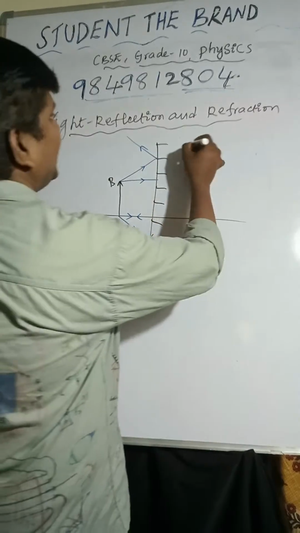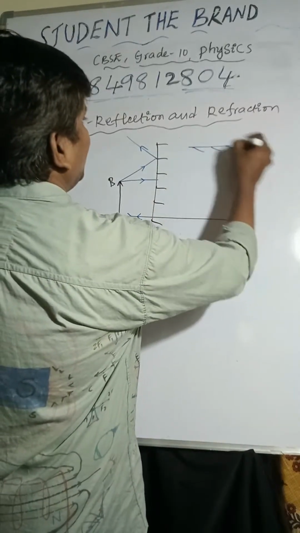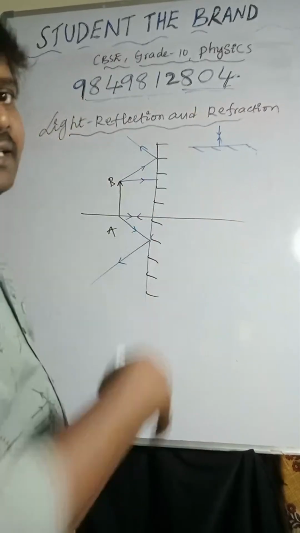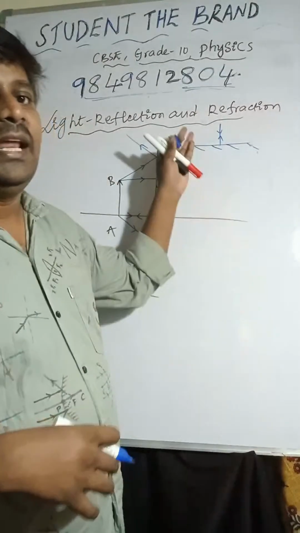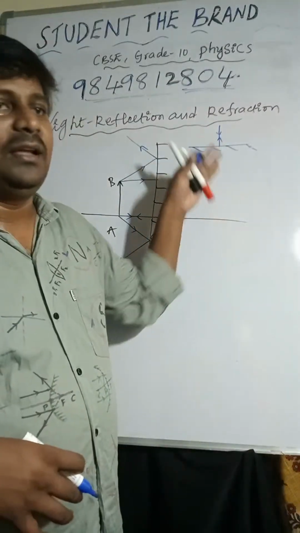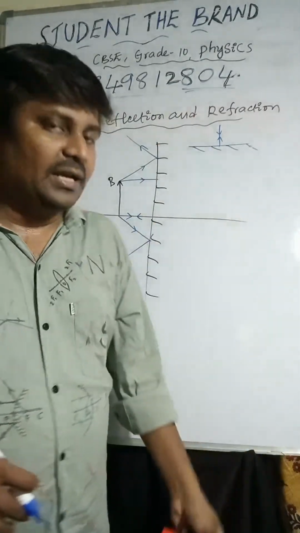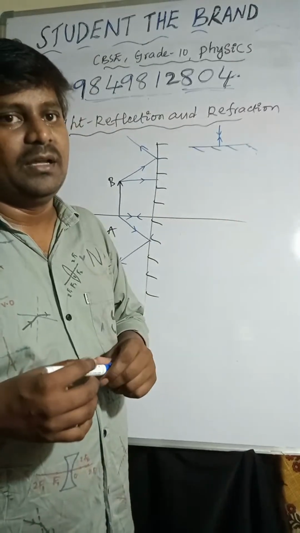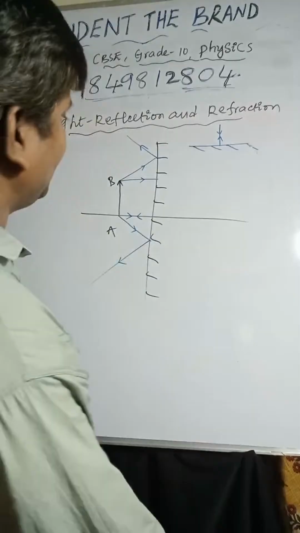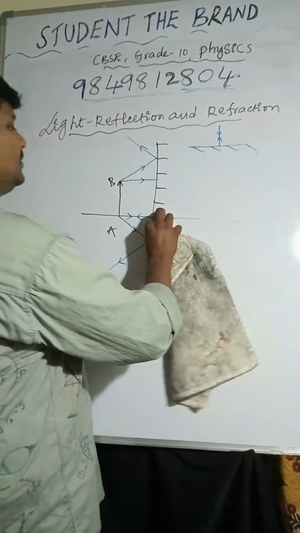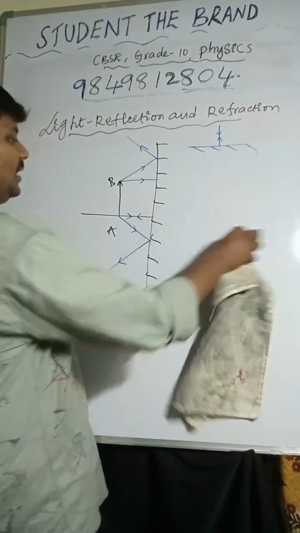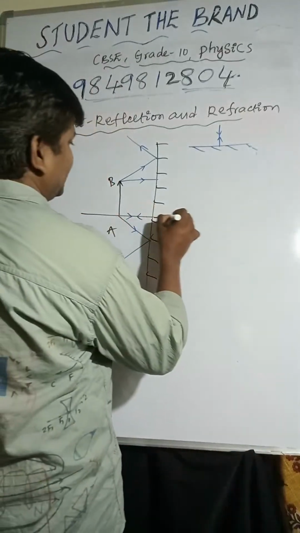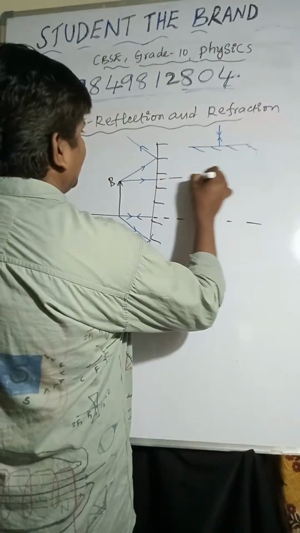If the light ray is passing along the normal line, it retraces its original path and moves in the same direction. Here also I am taking the same thing. Now you can observe the dotted lines.